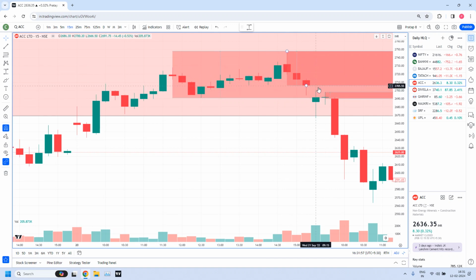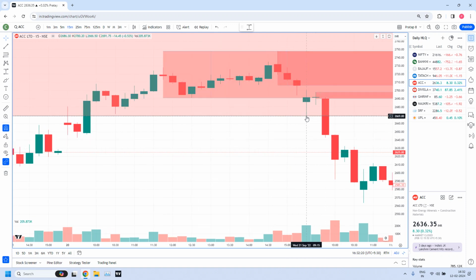You can consider this as a leg out candle. See, if you add the hidden gap, this is going to be a drop candle. Rally, base, drop. This entire gap area is going to be like a drop area. After that, the remaining is the wick part. That way you can consider this is a rally, base, drop, leg out candle.